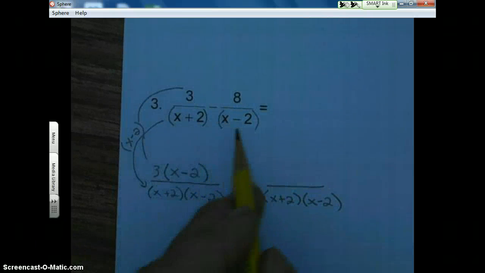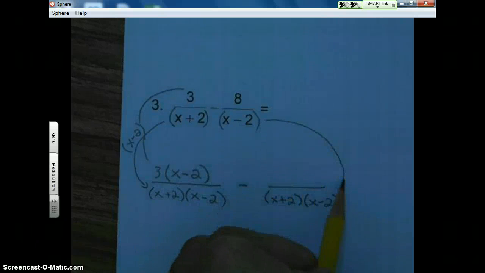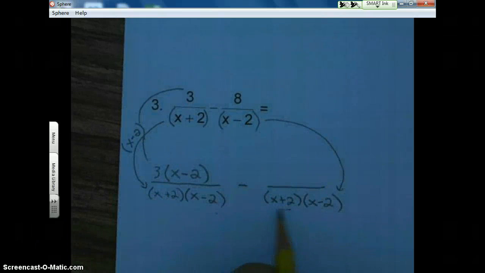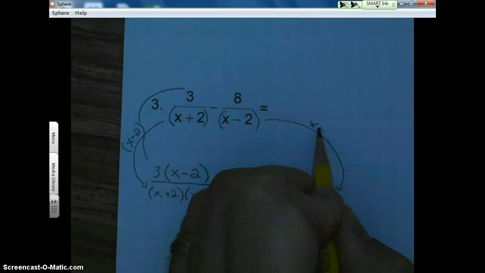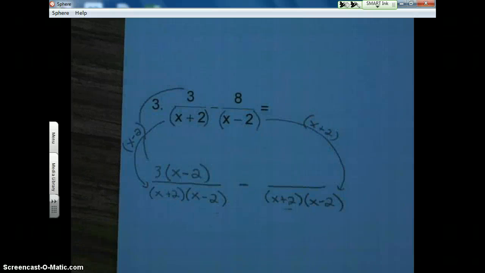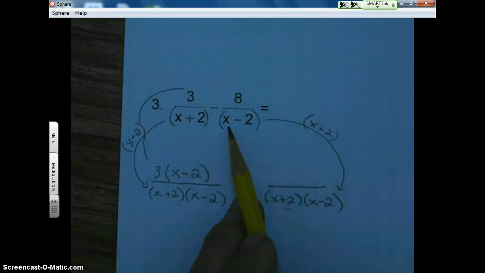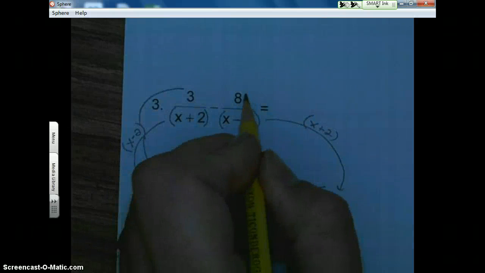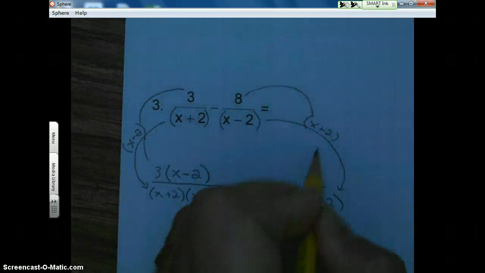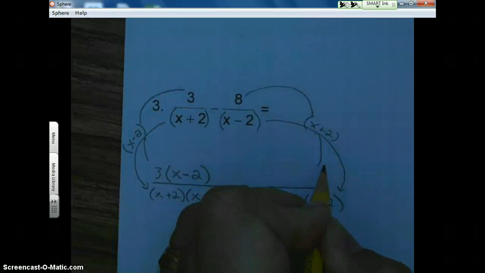Okay, on this side, we multiplied x minus 2 times x plus 2. So if we multiply the denominator by x plus 2, we need to multiply the numerator by x plus 2.